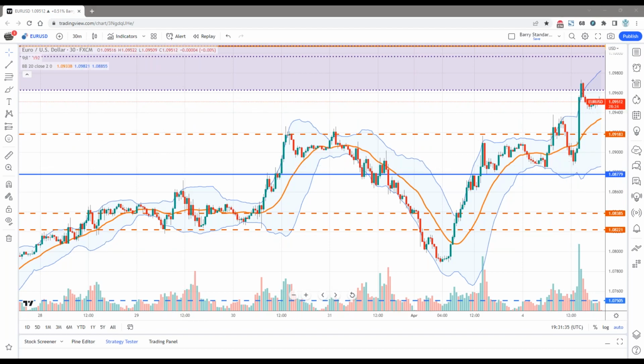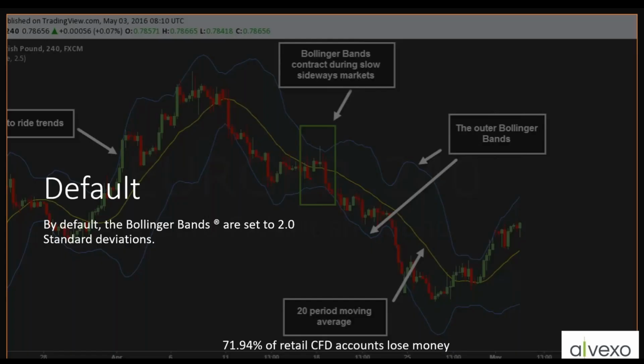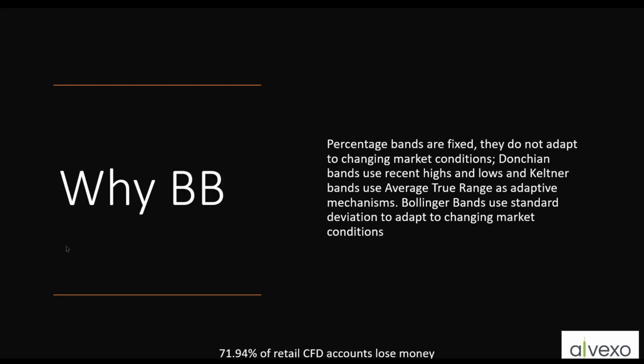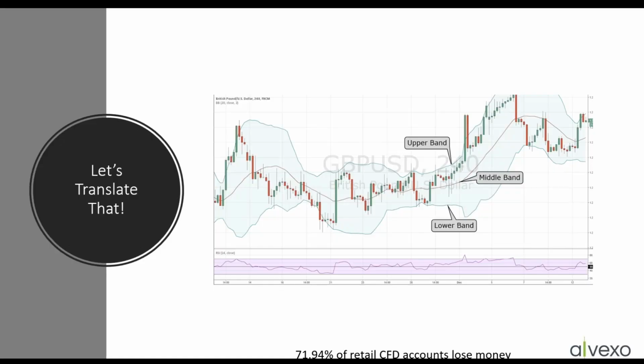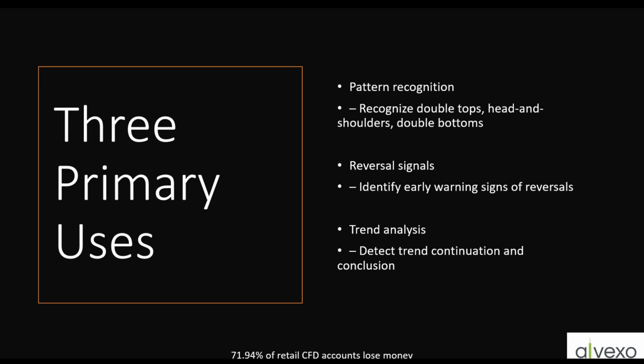So hold on, let's go back to my PowerPoint for a second. Remember, you have the upper band, the lower band, and the middle band, which is your moving average. There are three primary uses for Bollinger Bands.